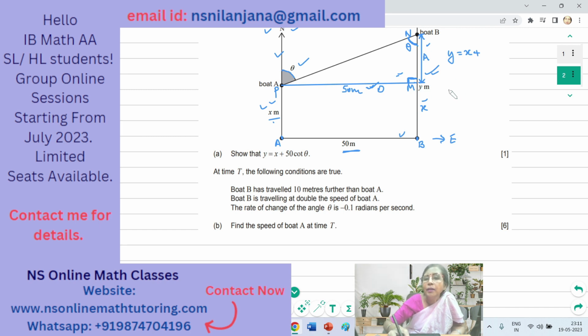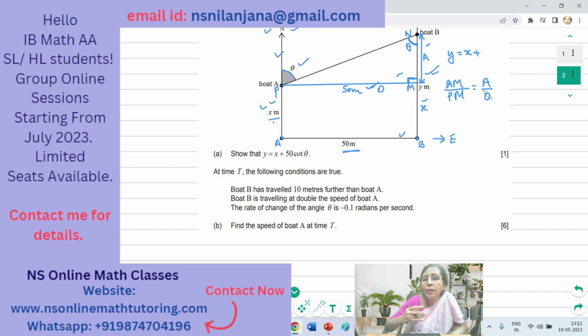So what is MN? MN is adjacent and PM is opposite. So since we need AM, let us write AM over PM is equal to, with respect to theta, adjacent over opposite.